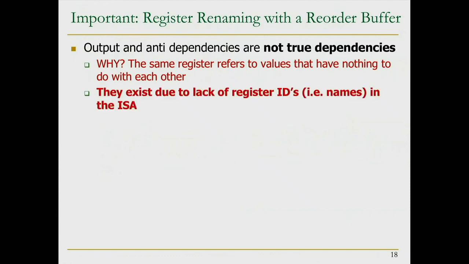And they exist because you don't have enough register IDs in the instruction set architecture, because the instruction encoding is small, right? There's no reason to write to R3 all the time, because if you have an infinite number of names, locations, you would always write somewhere else. That's why these are not true dependencies in the output.